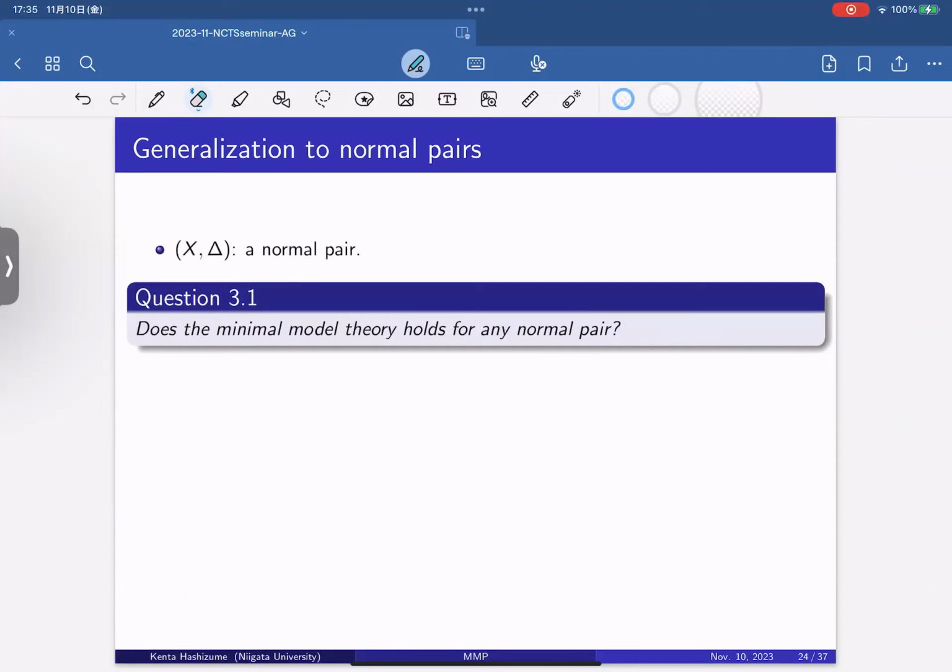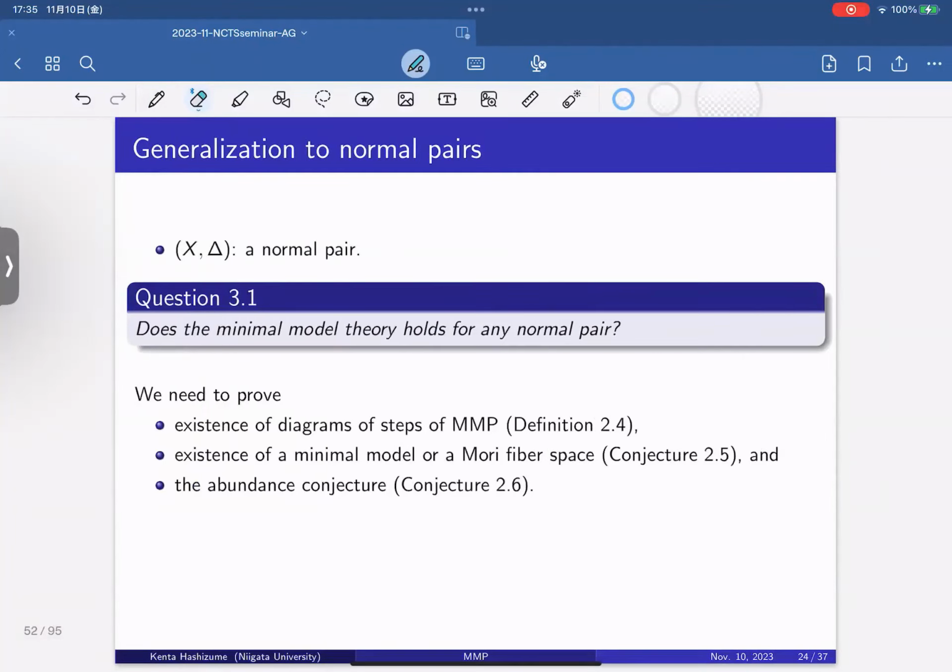To give an affirmative answer, we need to prove three facts. Firstly, we need to prove the existence of a step of MMP for any given normal pair. Secondly, we need to prove the existence of a minimal model or a Mori fiber space. Thirdly, we need to prove the abundance conjecture.